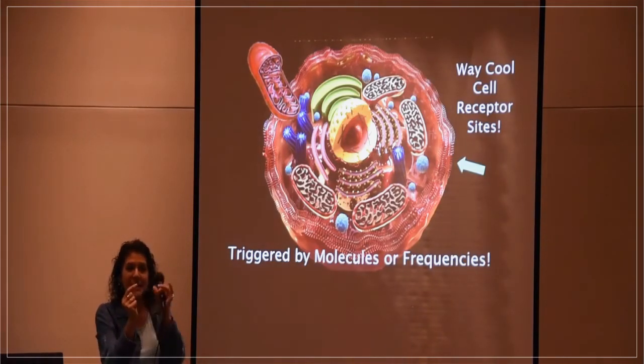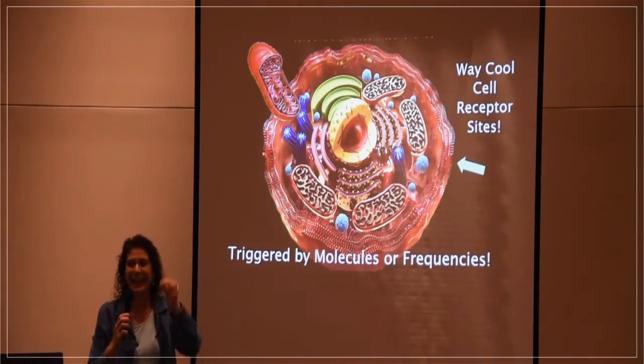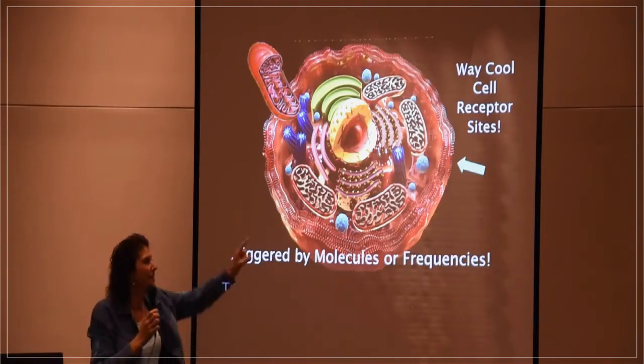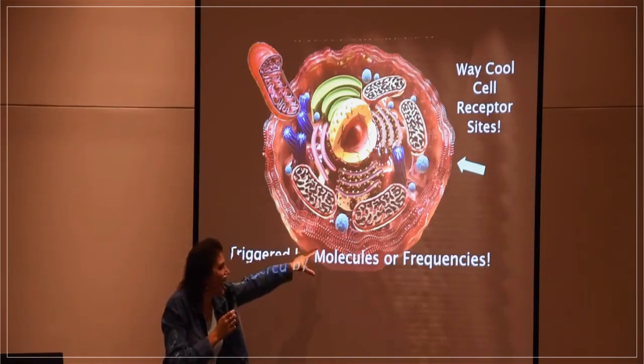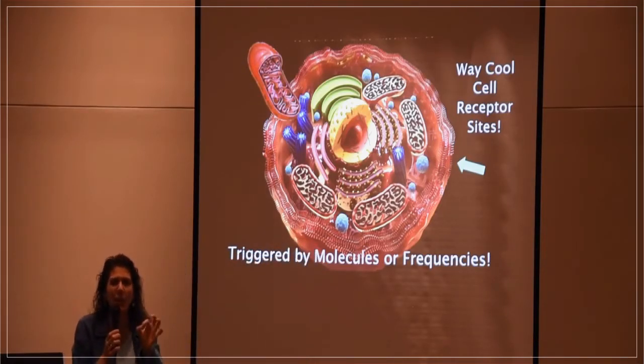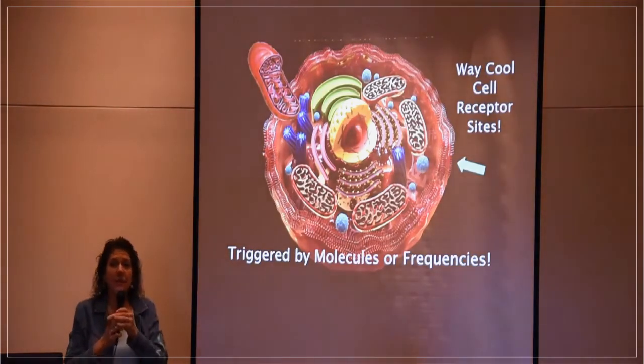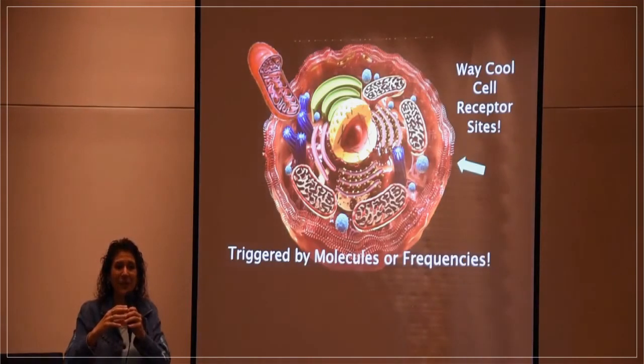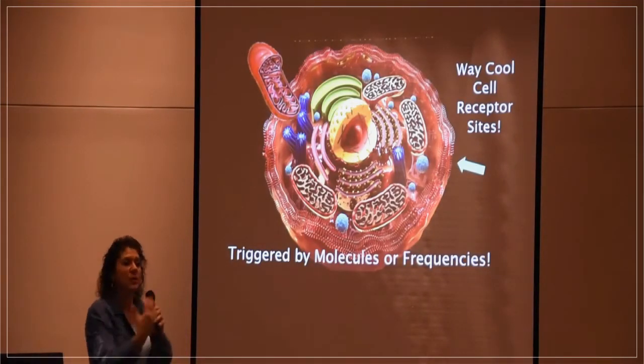At the end of the cell receptor site is like a lock and a key. As the little water molecule comes along, boom, it will literally bond with the end of the cell receptor site. These little tiny ends all have these little keyholes on them. If there's a bunch of receptor sites that need magnesium, boom, they're sending out the frequency of magnesium because they need to attract it.